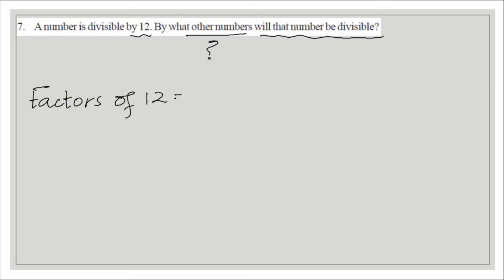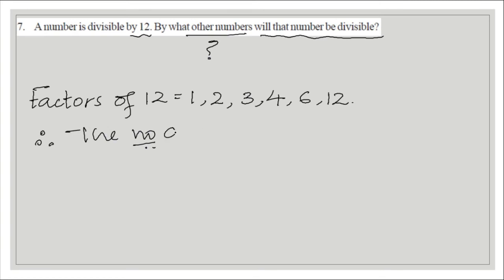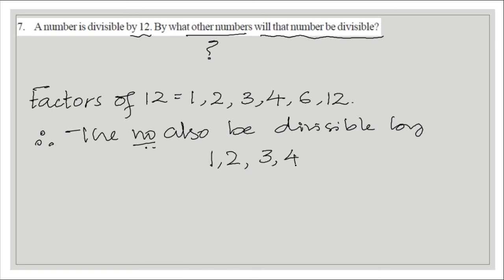The factors of 12 are 1, 2, 3, 4, 6 and 12. Which means the number will also be divisible by 1, 2, 3, 4 and 6.